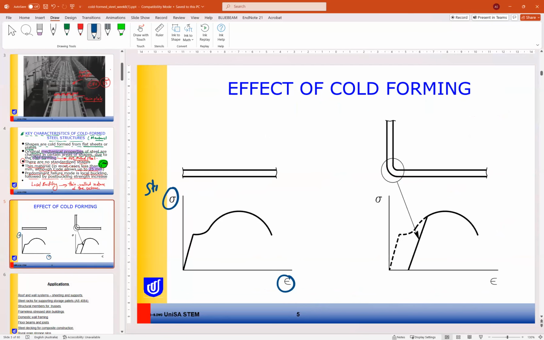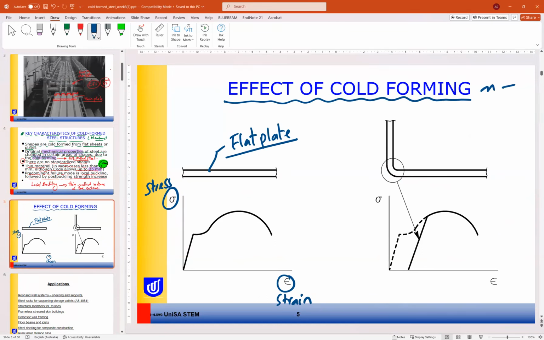So this is the stress strain curve for the flat plate or flat sheet before cold forming, to see what is the effect of cold forming on the cross section properties. As you can see here, we have the yielding point here, the ultimate point.